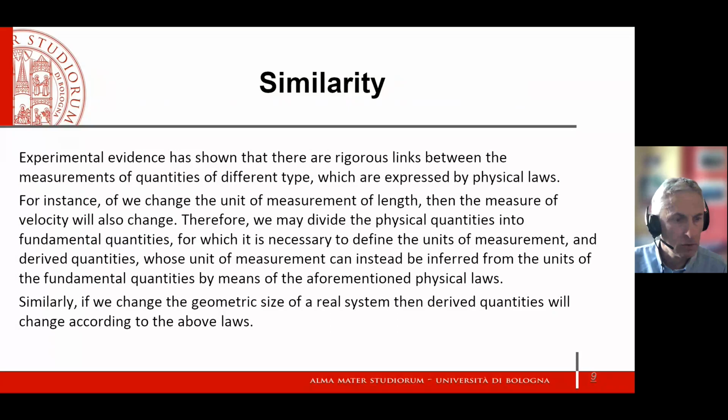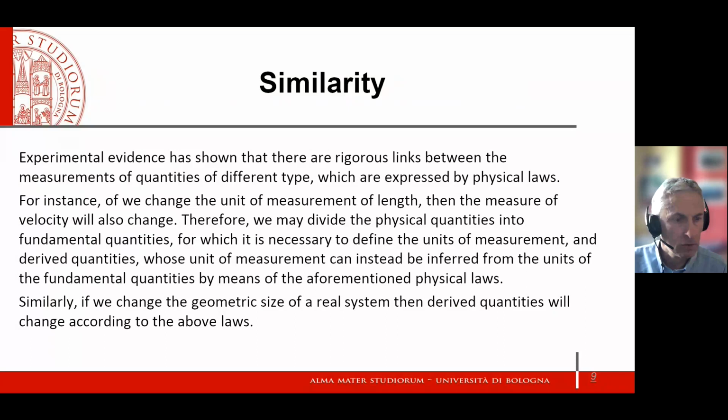So in the example that I just made, there is the law that we use to estimate velocity, distance divided by time, which dictates the dependence of velocity from distance. And therefore, we can use this law to understand what happens if we change the unit of measurement of, say, length.